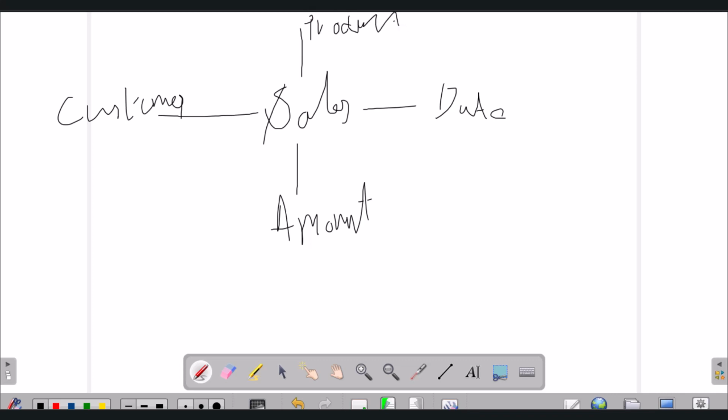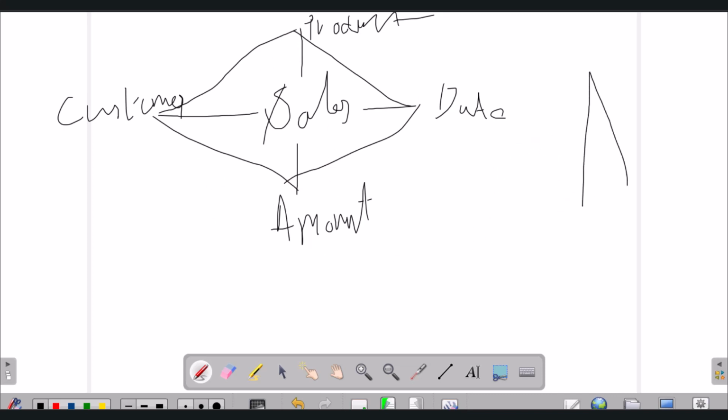If you plot it like this, it comes out to be a star format.